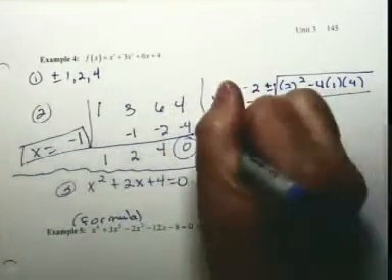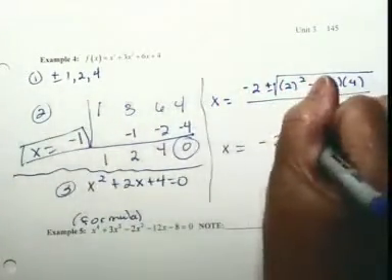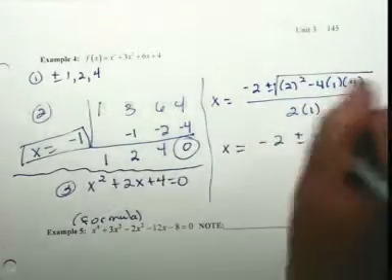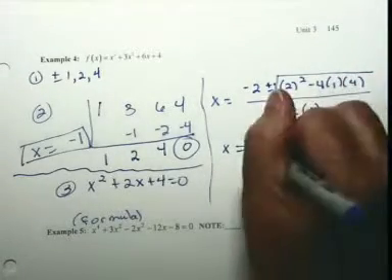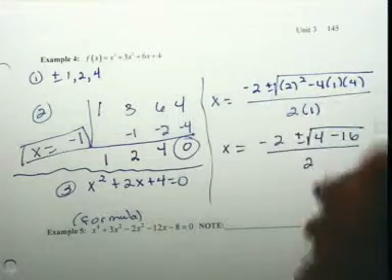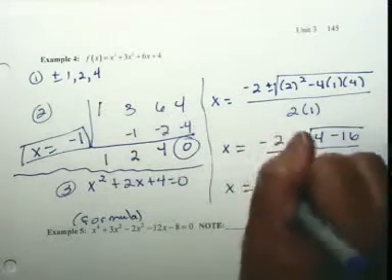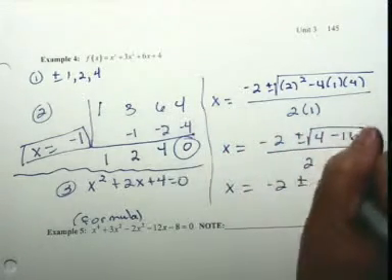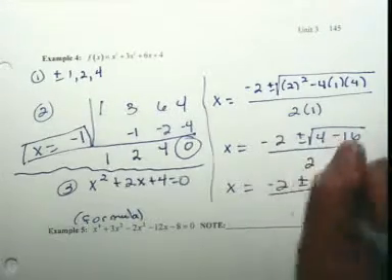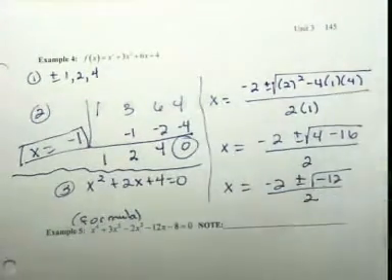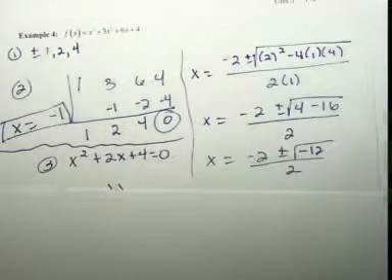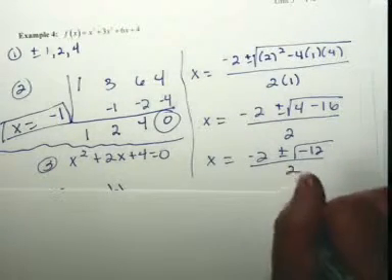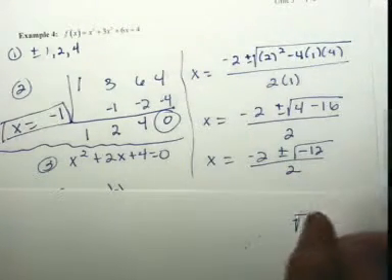So I get negative 2 plus or minus the square root of 4 minus 16. Now I'm going to come over to the side and say the square root of negative 12.